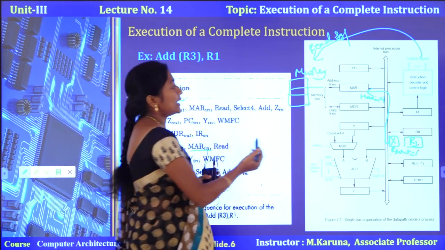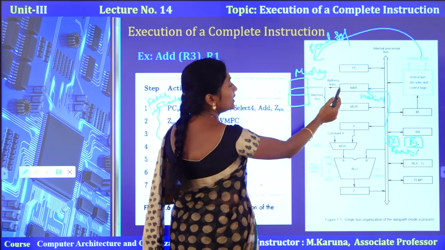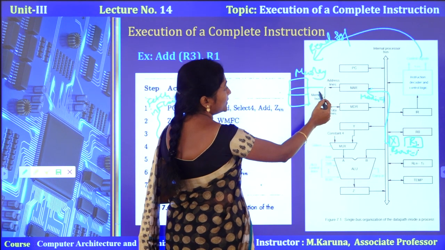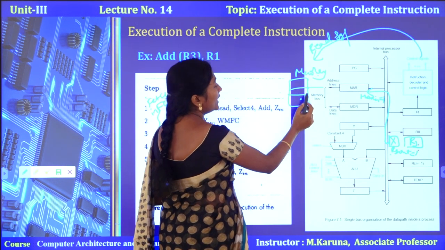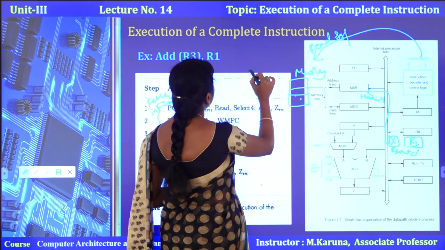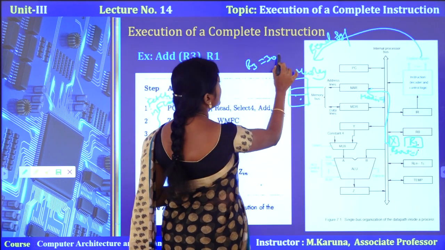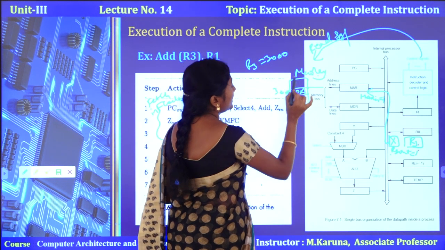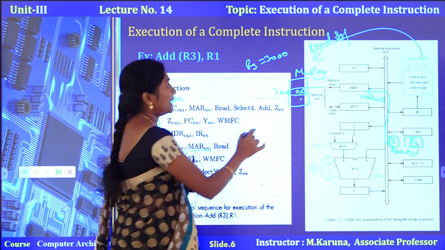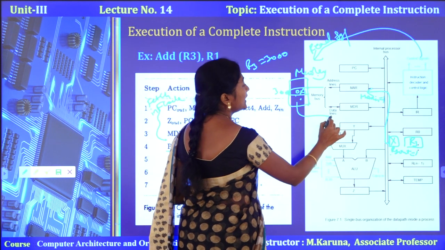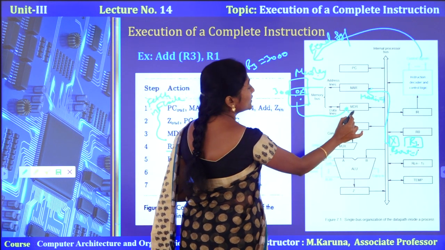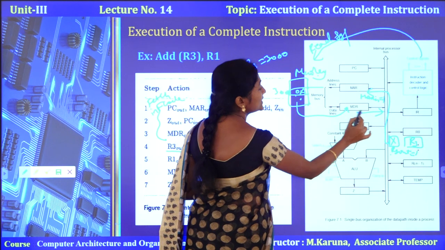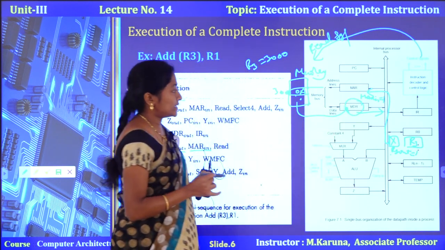Now, this address is transferred to the external address bus to the memory. At that address, for example 3000, whatever data is available will be placed on the data lines and then transferred to the internal processor bus through the MDR register.